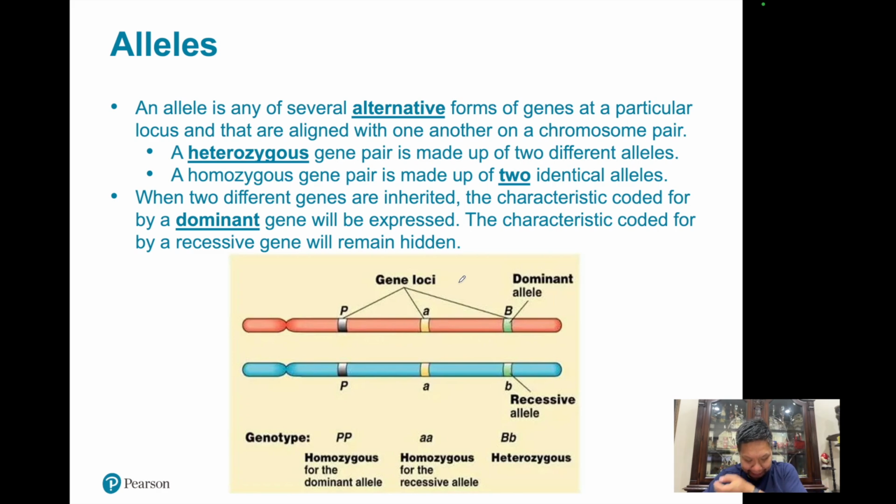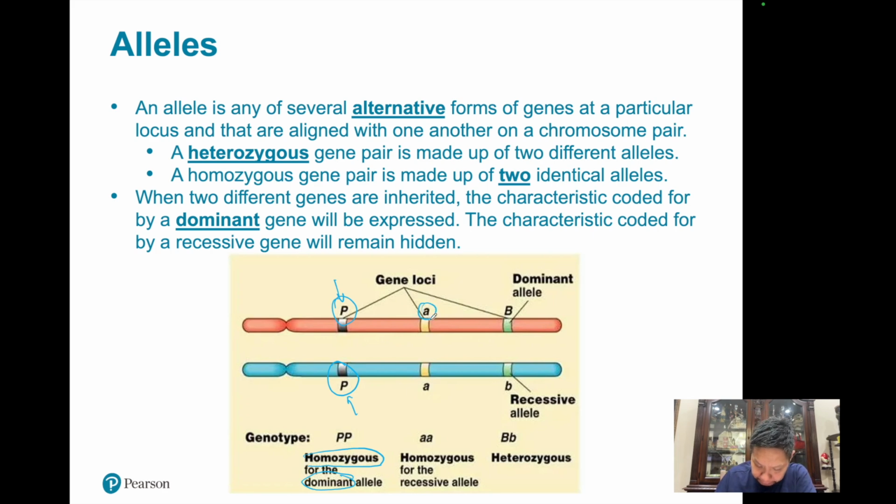So if we took a look at this example down here, we can look at these different gene loci. Here we have gene P. I have no idea what gene P does, but here both are big P's, so both of those are the dominant P's. No little p's. We would call this homozygous, specifically homozygous dominant, because they're two big P's.